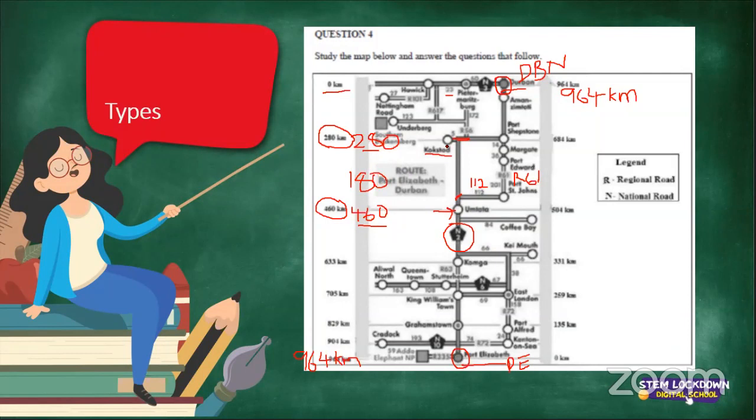So that means this stretch of distance between Kokstad and Mthatha is 180 kilometers. Sorry, they also show you that this is the route between PE and Durban. So basically, those are just the basics of a strip chart.